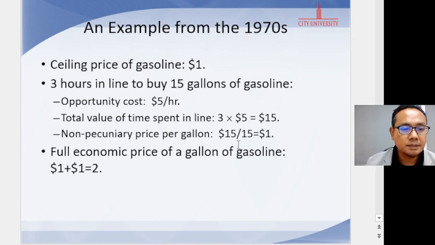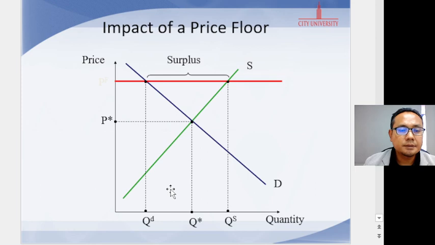The opportunity cost is $5 per hour, so the total value of time spent in line is 3 hours times 5 equals 15. The non-pecuniary price per gallon is $15 divided by 15, equal to $1. So the full economic price of a gallon of gasoline is equal to $2. Here's an example for full economic price calculation.